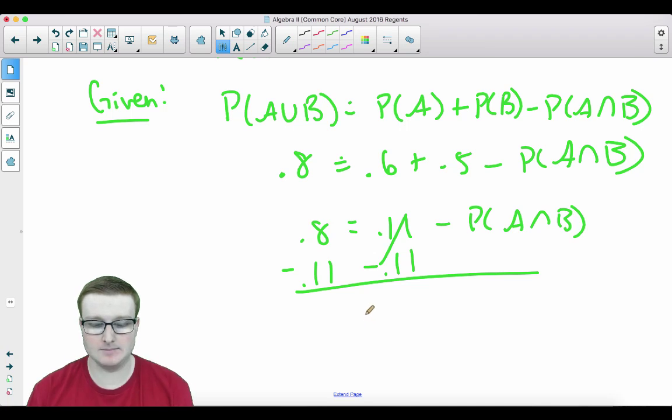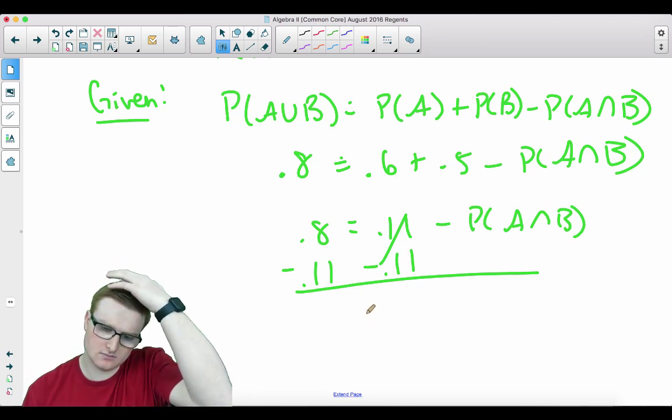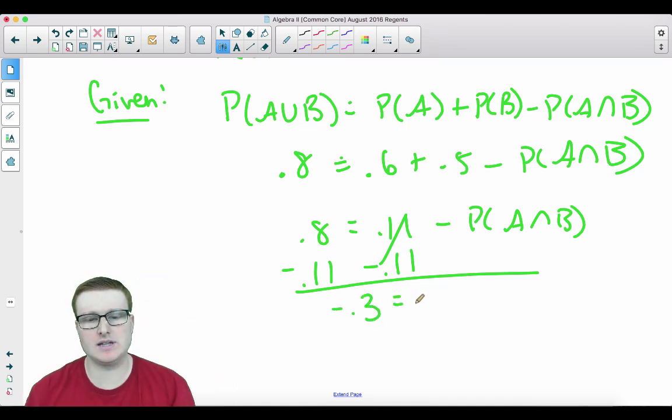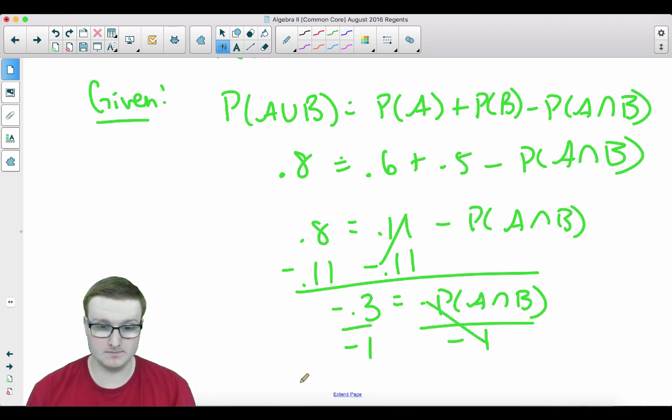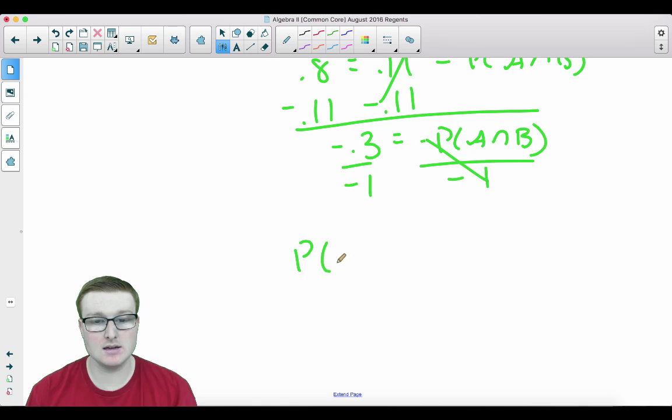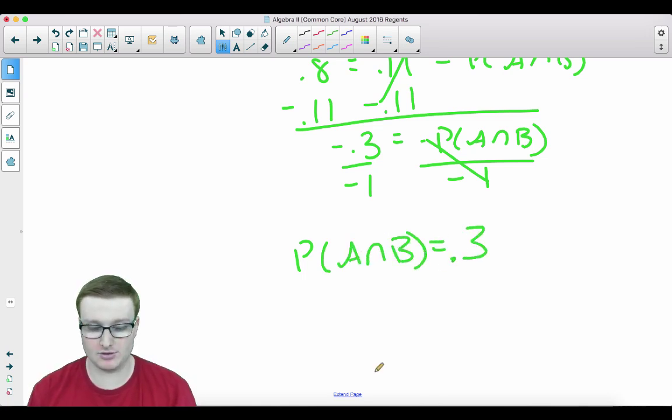We get negative 0.3 is equal to negative P of A, B. Now we just divide by that negative. So P of A intersection B is positive 0.3.